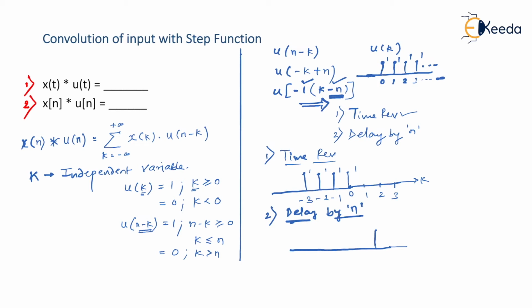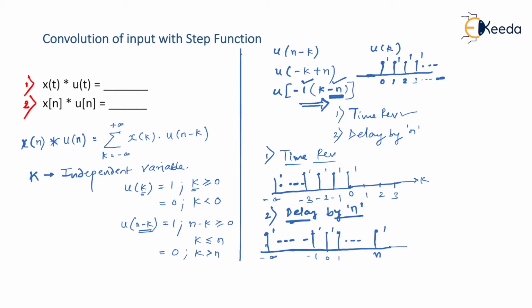So up to n. This was 1 from minus infinity to 0. Now it will be 1 from minus infinity to n. Somewhere over here we will have minus 1, then 0, then 1, and so on up to n. Is that right? So this is how our u of n minus k signal looks.